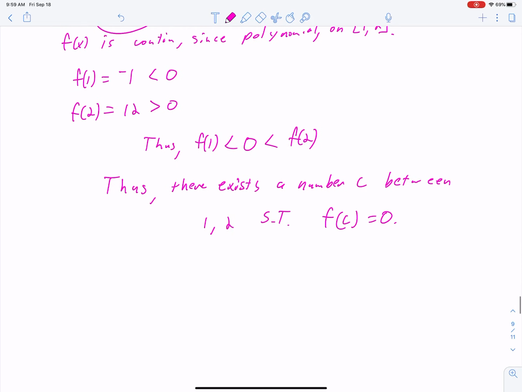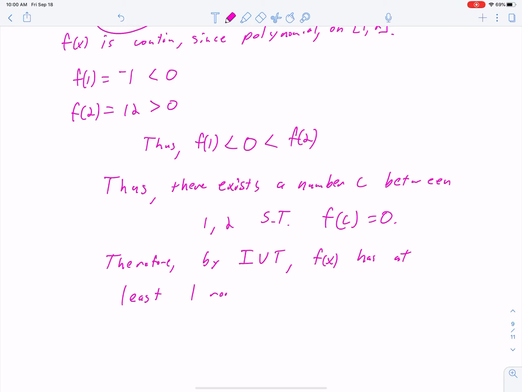So we're going to write this little extra thing: therefore, by the intermediate value theorem, and you're allowed to write IVT as well, f of x has at least one root between 1 and 2, x values of 1 and 2.